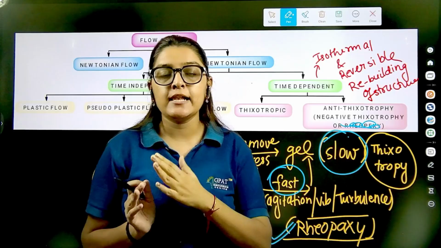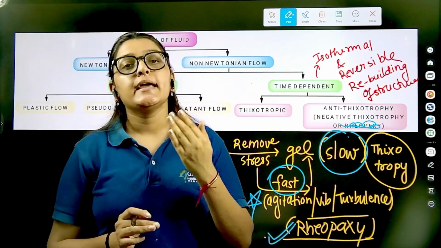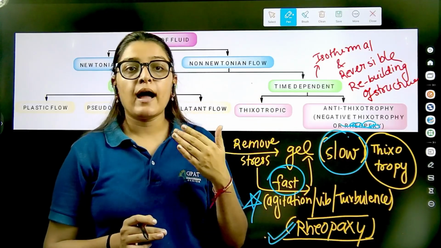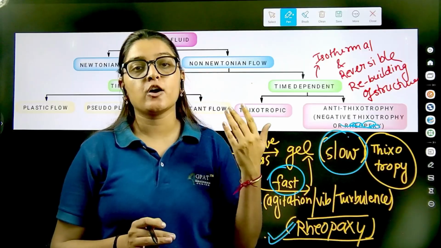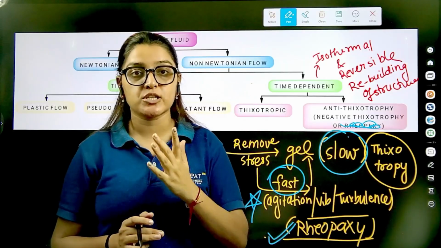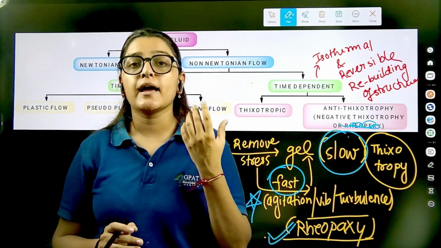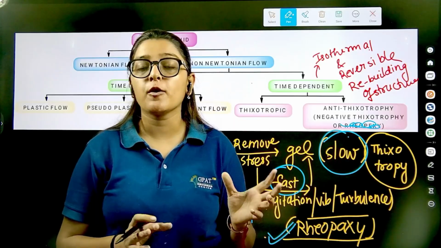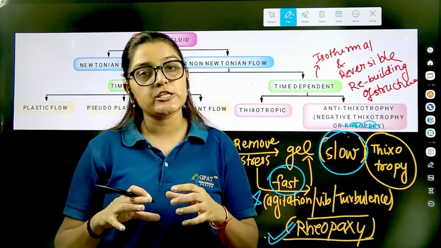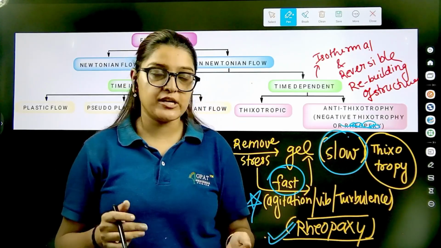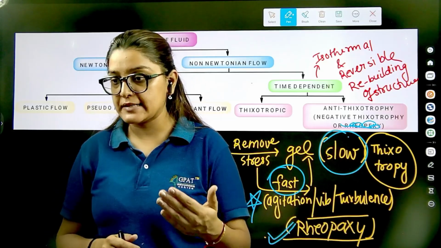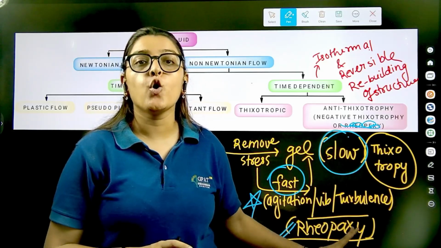It is a gel sol gel conversion in which you have to see the rebuilding of structure back to its original state, but it occurs at a slow pace. That is thixotropy. Once you apply any additional force, agitation or vibration, it will be converted fast and you get the rheopexy.